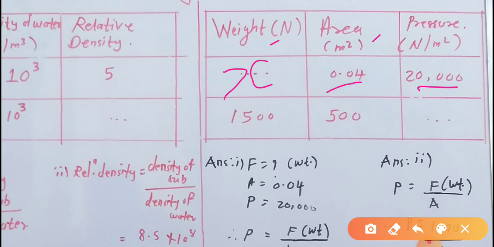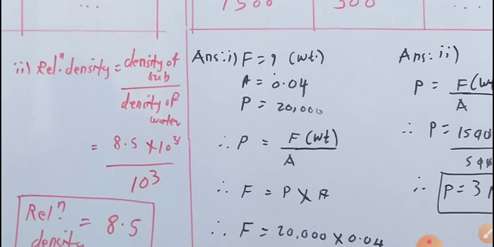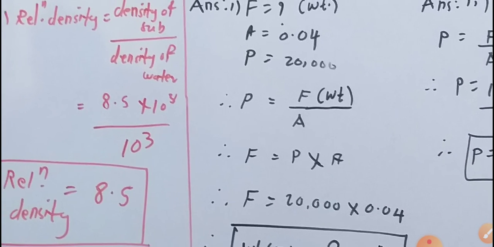In the second example, weight is given as 1500, area is given as 500, so we have to find the pressure. In the first example we find the weight, and in the second we find the pressure. In the first example, area and pressure are given.